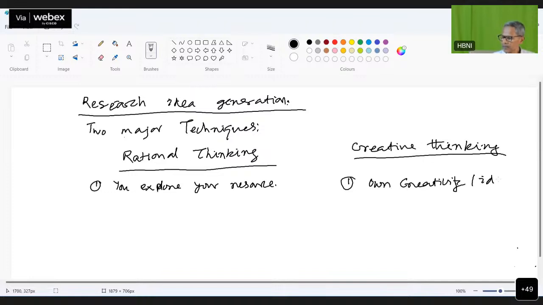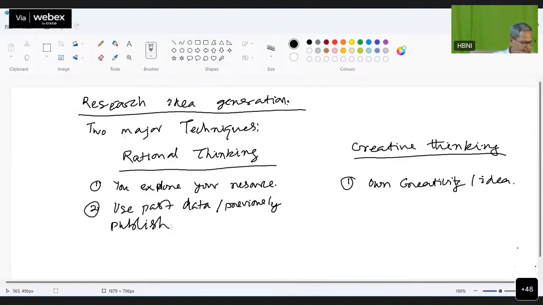In case of rational thinking, it is also called the assisted method, where you use past data, previously published papers, and you get an idea while searching literature.